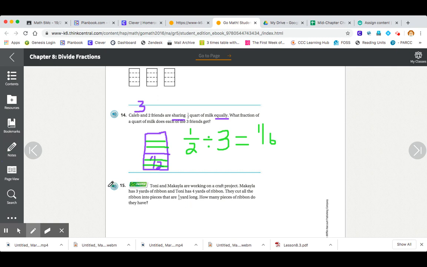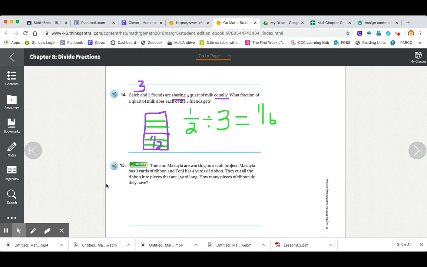Let's take a look at number 15. Tony and Michaela are working on a craft project. Michaela has 3 yards of ribbon and Tony has 4 yards of ribbon. So we have to think, how many total yards of ribbon do we have all together? So I have 3 plus 4 is 7 yards of ribbon all together.